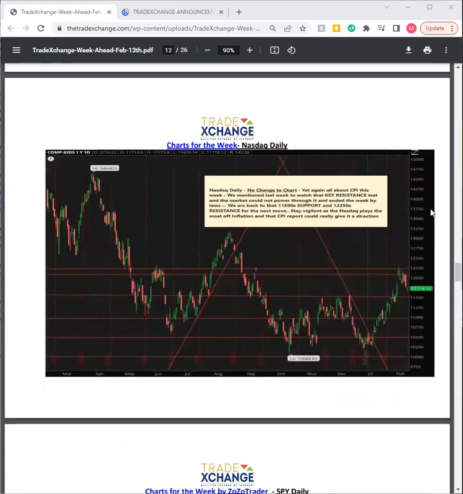NASDAQ, no changes to the chart. We mentioned last week to watch that key resistance test that we did up here, and to see if we have a similar action to back here when we tested and we broke down. We are seeing something similar. We'll see how that goes into this week. But we did that test to the upside, and we are breaking back down to that 11.5 level.